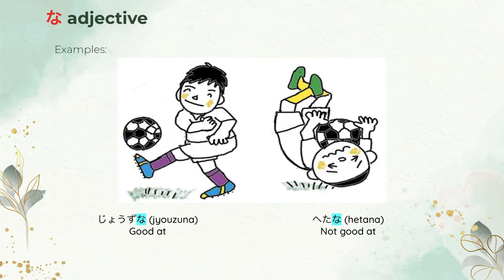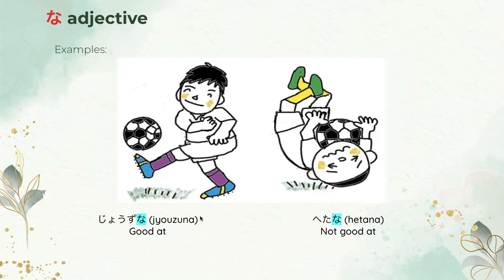The next one is an image of two boys playing soccer, and one of the boys is good at playing soccer, but the other boy seems like he's not good at playing soccer.